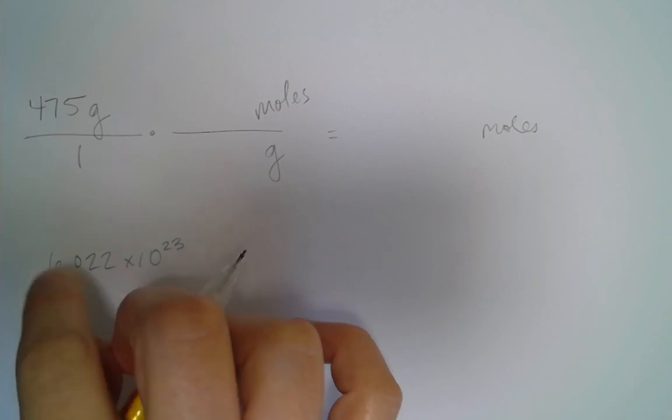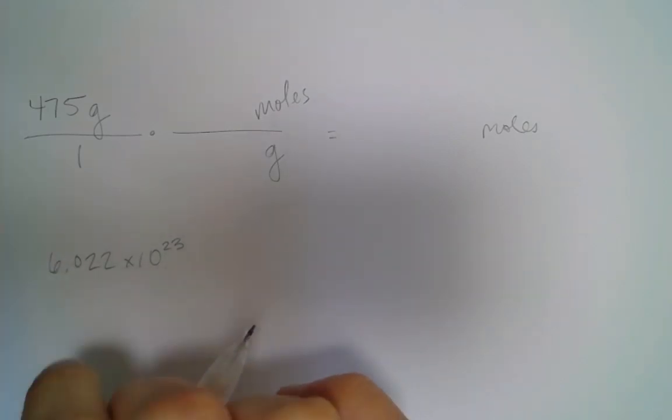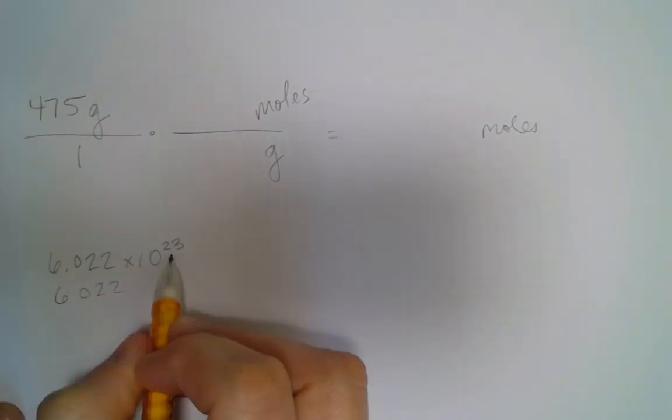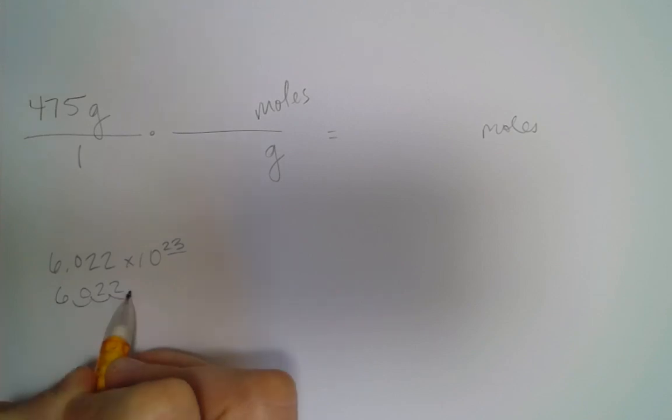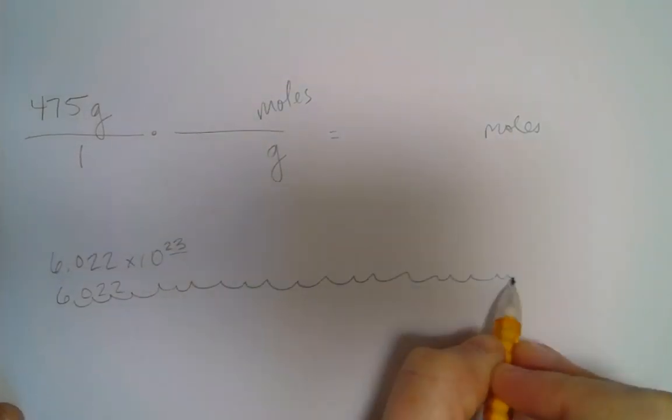Yeah. That number is huge. Move that decimal 23 times. That's like not even enough zeros. It is a huge number.